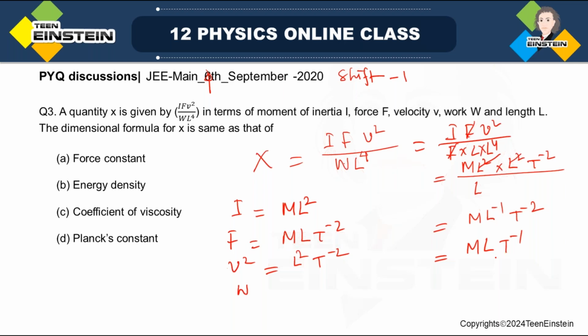Okay, so I have L to the power minus 1. To make it L to the power minus 1, I have to write here L to the power minus 2. Okay, ml t to the power minus 1, and here t to the power minus 1 again. Okay, so this is force. Say ml to the power minus 1, this is force.